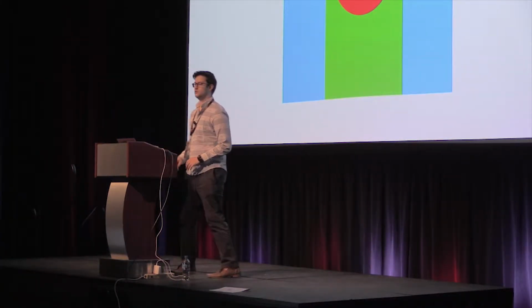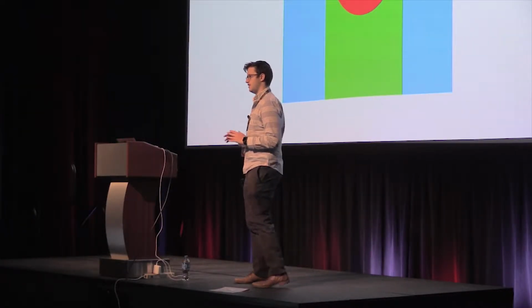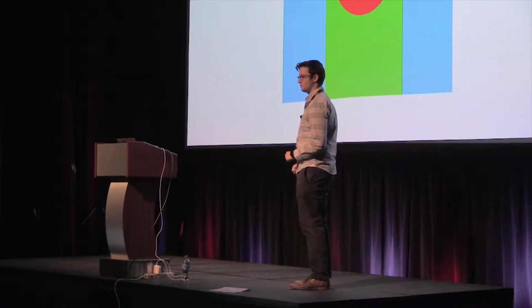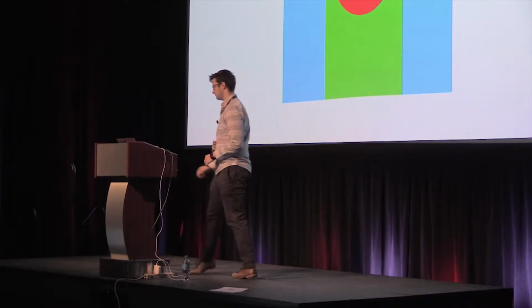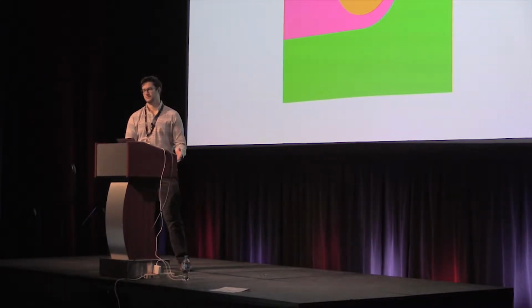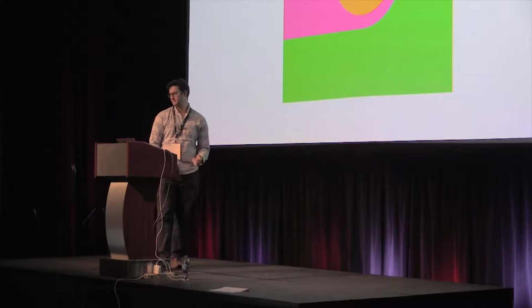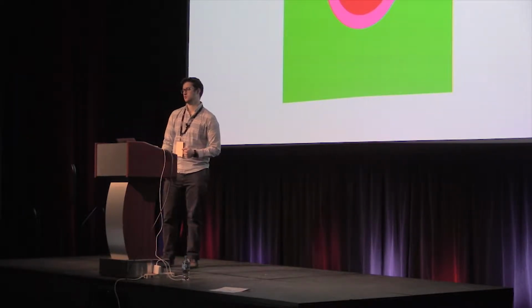So I'm going to show you a series of images and try to remember what they look like. So this is A. Remember what it looks like. This is B. How many of you think this is A?